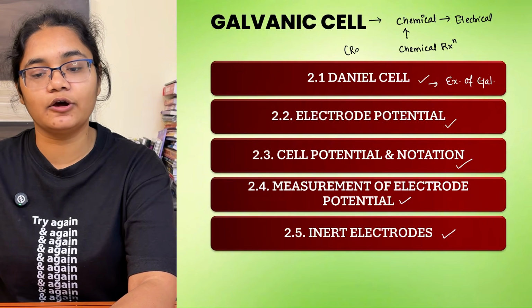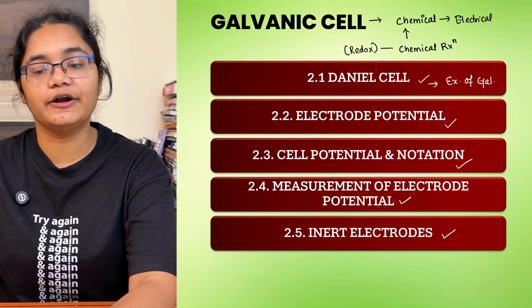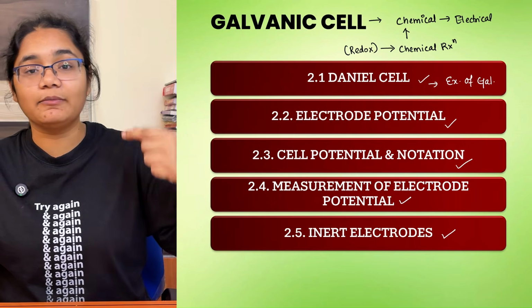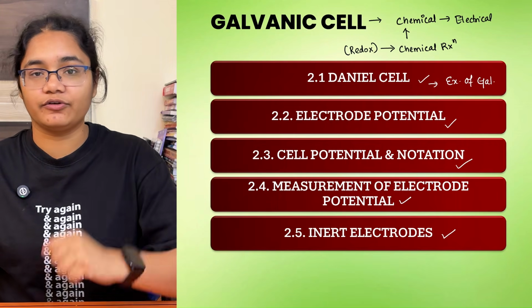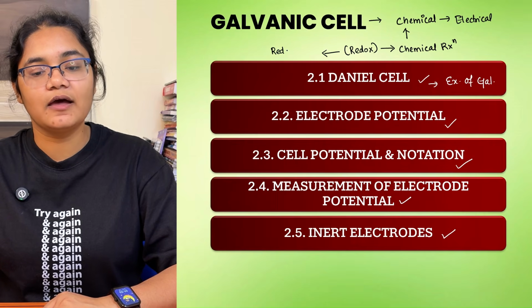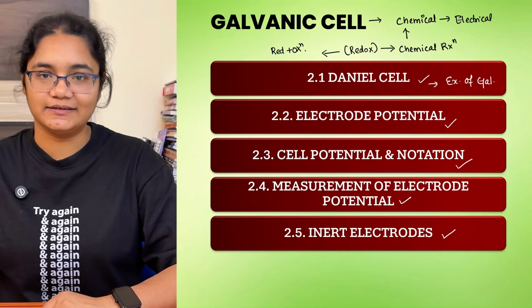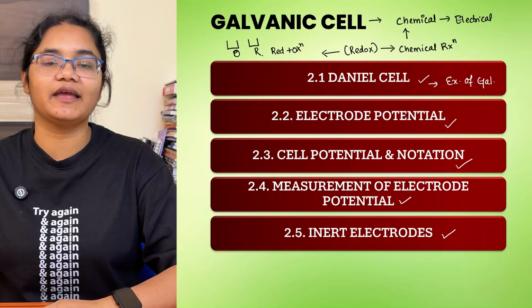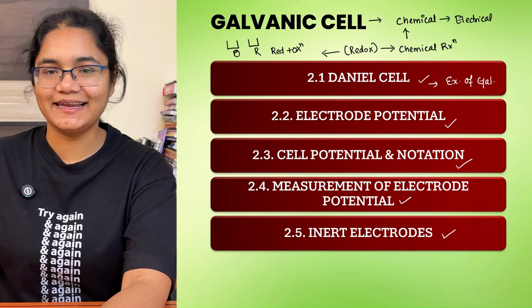We consider redox reactions. Redox reactions are the type of chemical reactions from which chemical energy gets converted to electrical energy. A redox reaction is when you have reduction plus oxidation simultaneously. In a galvanic cell we have two containers: on one side there is oxidation and on the other side reduction. Now let's talk about the Daniell cell in detail.